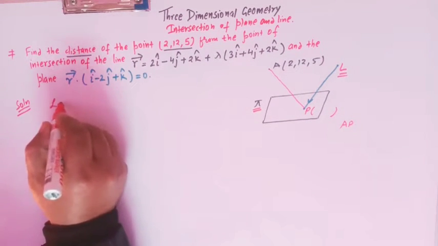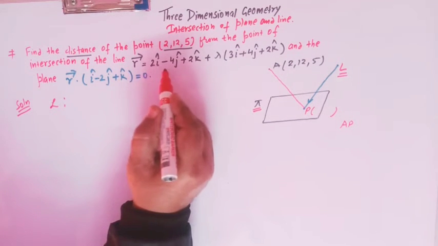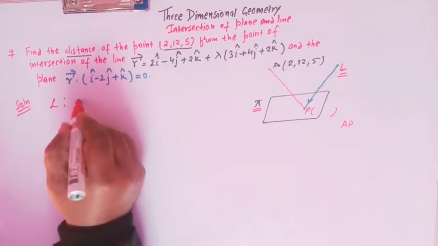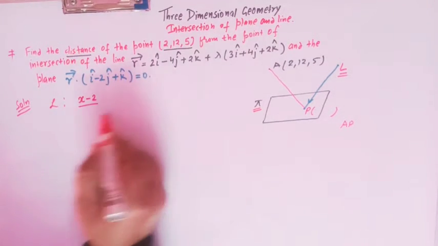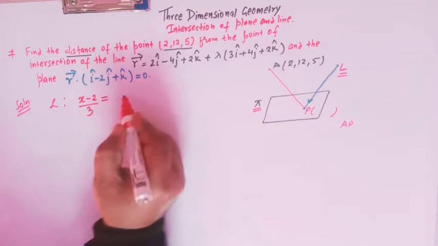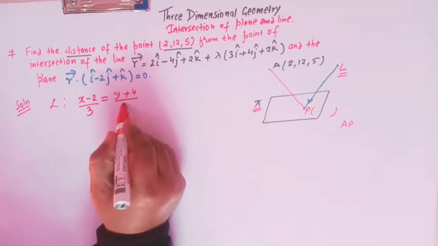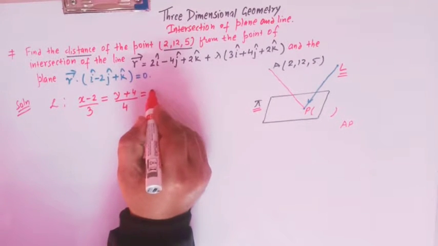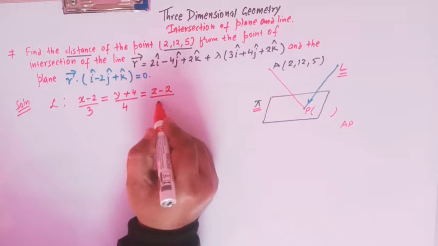The line L can be expressed in Cartesian form as (x minus 2) over 3, (y plus 4) over 4, and (z minus 2) over 2.